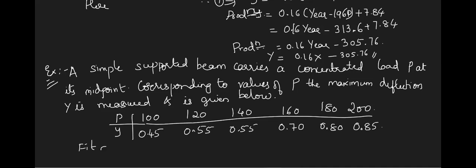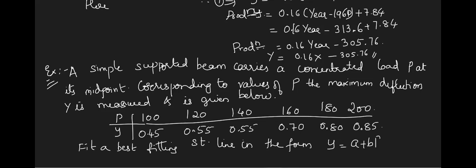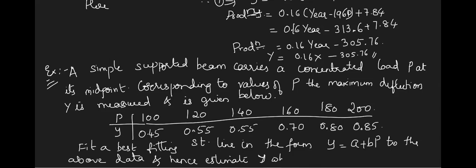Fit a best fitting straight line in the form Y equal to A plus BP, not blood pressure, to the above data, and hence estimate Y when P equal to 150.